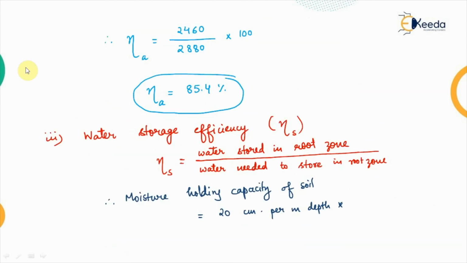That means the soil level is up to 1.7 meters. So for 1 meter it is 20 centimeter. For 1.7 meter depth of the root zone, this value will come out to be equal to 34 centimeter. That is the moisture holding capacity of the soil.